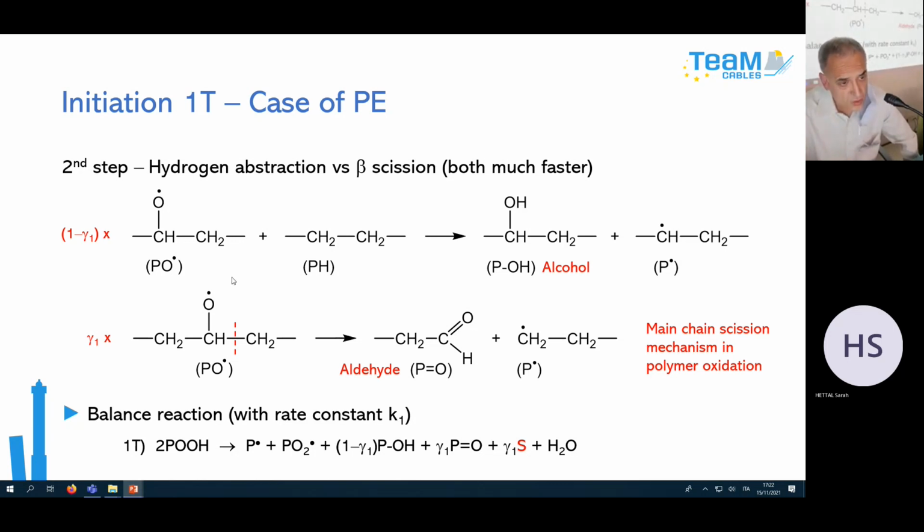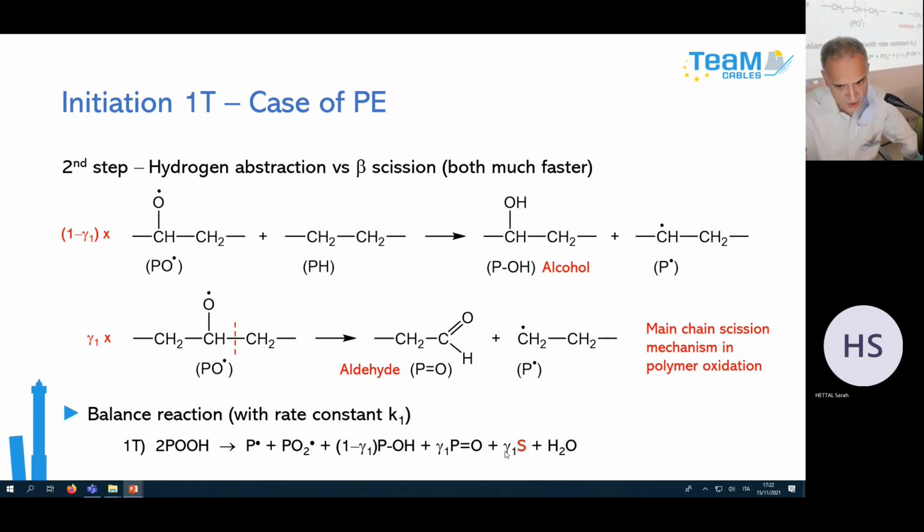Since these two competitive steps are faster than the first step, it is also possible to sum them all and to write a balanced reaction in which you have the appearance of all the radical species and the oxidation product.